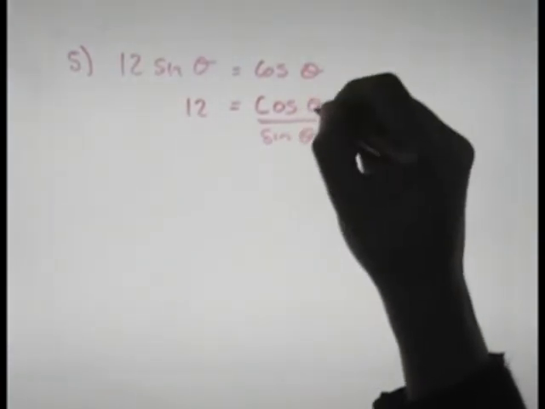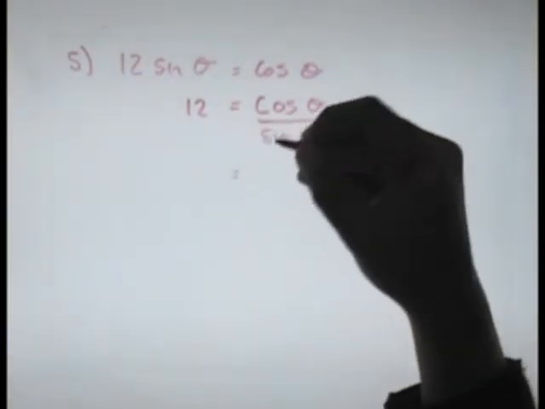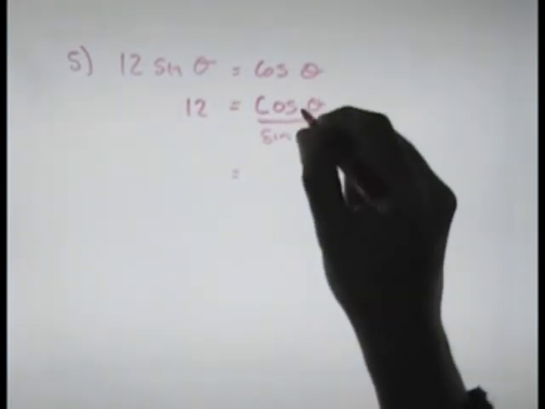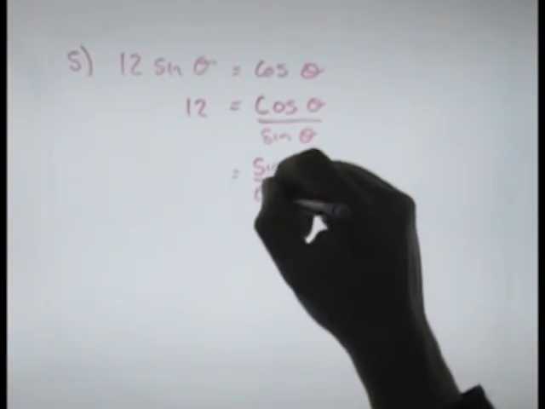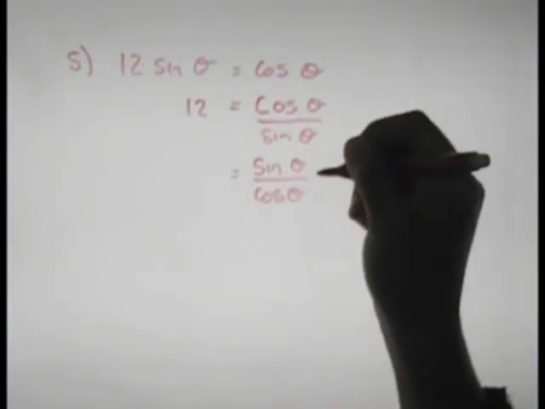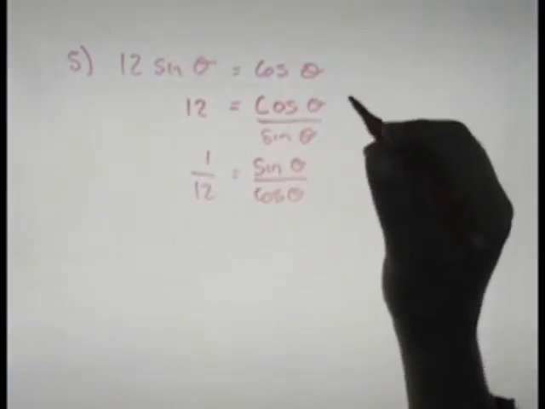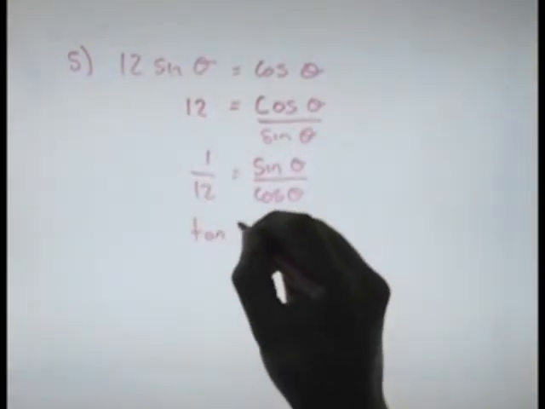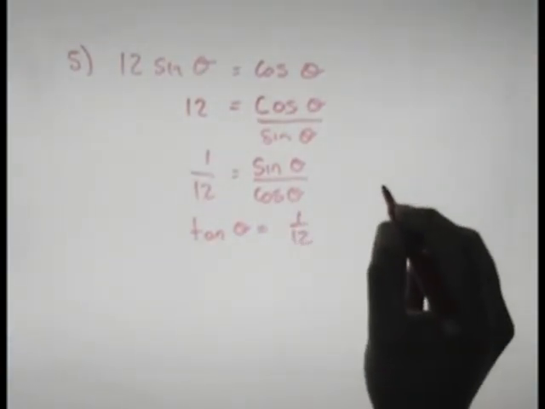Now cos theta over sine theta, if I were to invert this, would give me tan theta, because if I turn that into sine theta over cos theta, that's going to equal 1 over 12. That means that tan theta is equal to 1 over 12.